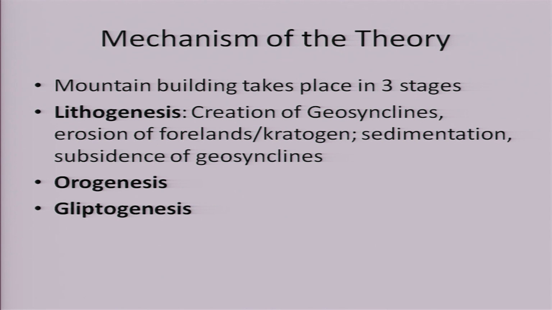As I told you, geosynclines were water bodies surrounded by rigid masses, and sediments were brought to the geosynclines by various agents of denudation or erosion, and these sediments put an enormous amount of pressure on the geosynclines and they underwent a sort of subsidence. So, this was the basic formation of geosynclines. Lithogenesis is related to the formation of geosynclines, which is characterized by sedimentation and subsidence.